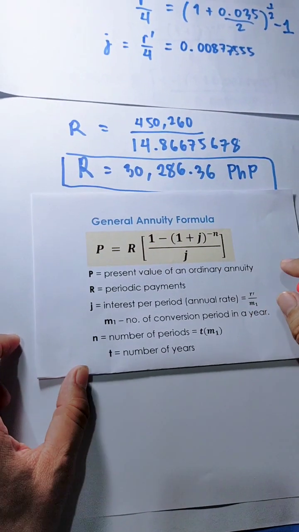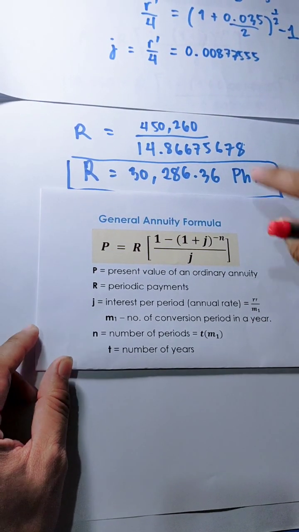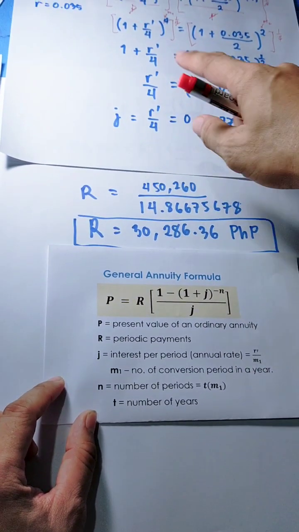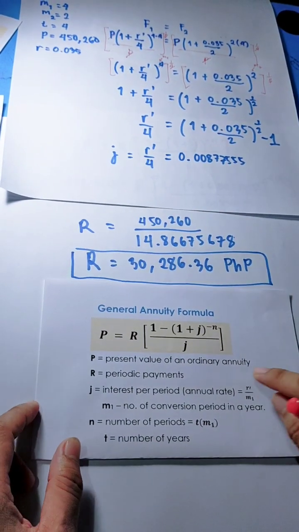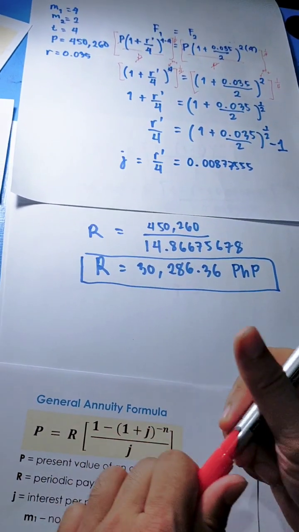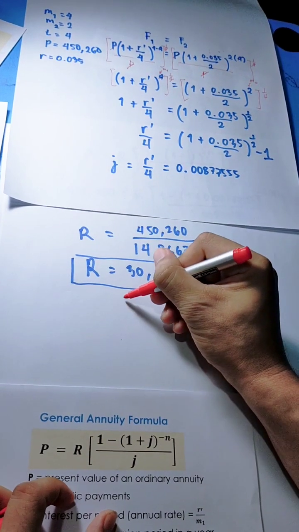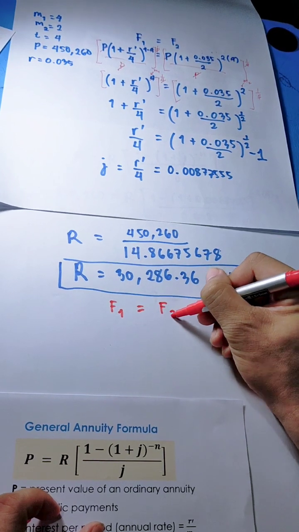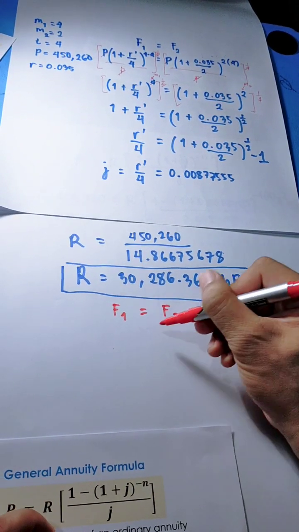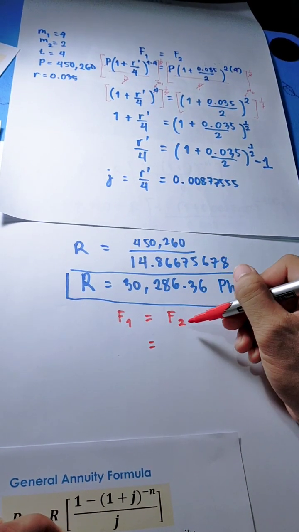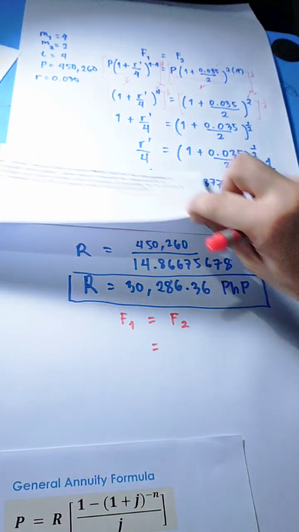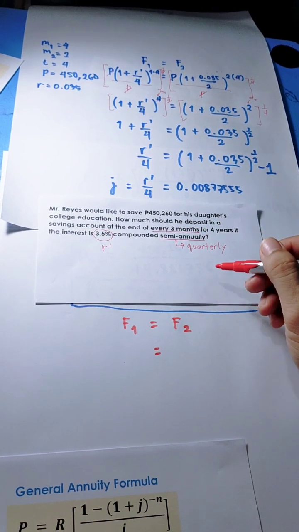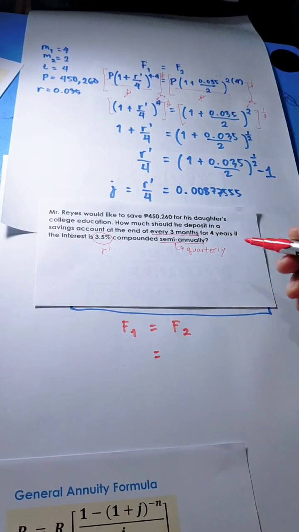Now, I would like to show the formula for J so that we don't need to solve the long process that we had. So what shall we do now? Let's go back to the beginning. We have F1 equals F2. The original period was semi-annually, right?